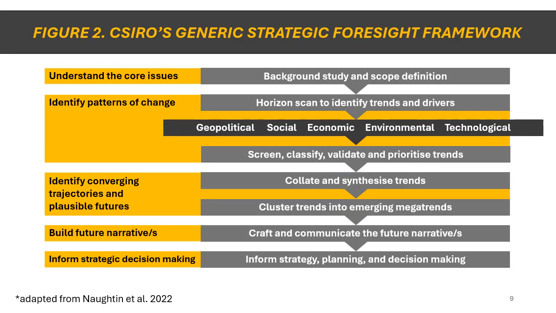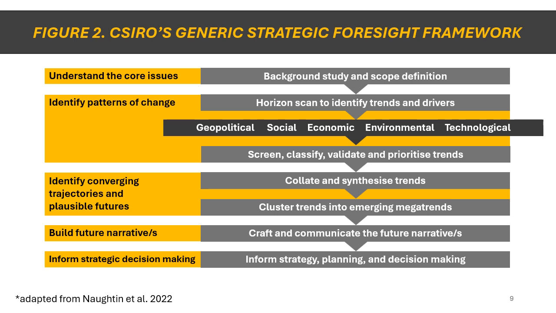The CSIRO have a generic strategic foresight framework that they work through. They first of all understand the core issues, doing a lot of study and scope definition. They then start to identify the patterns of change, looking to the horizon to identify trends, and these often come in the categories of geopolitical, social, economical, environmental, and technological.